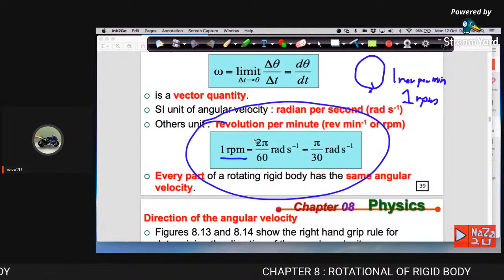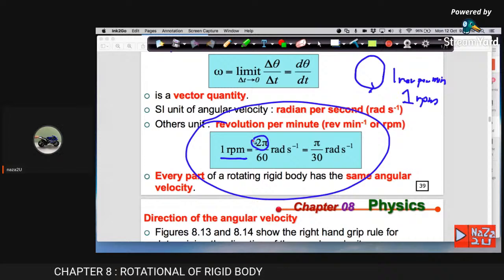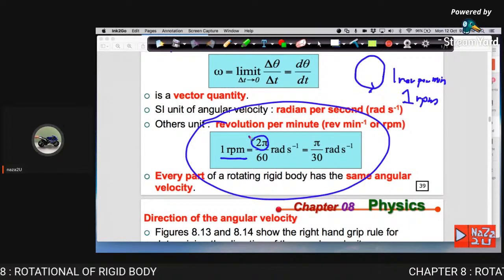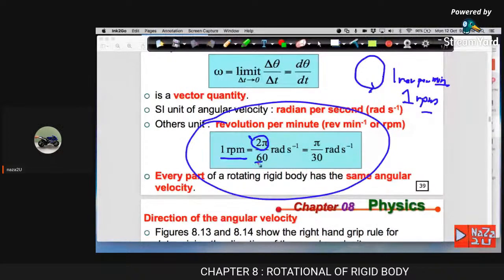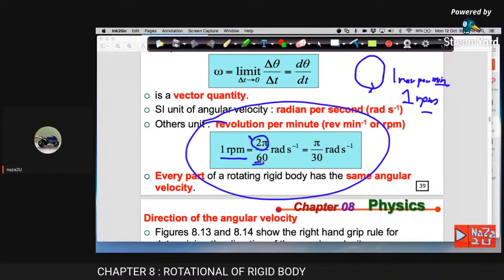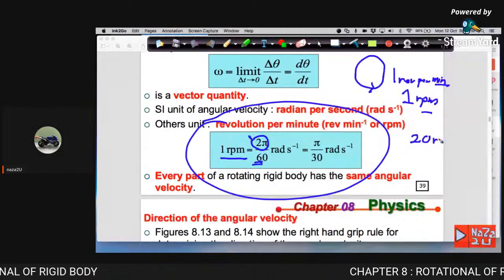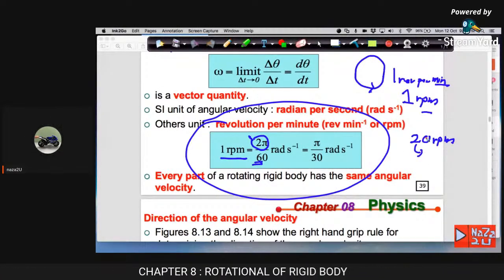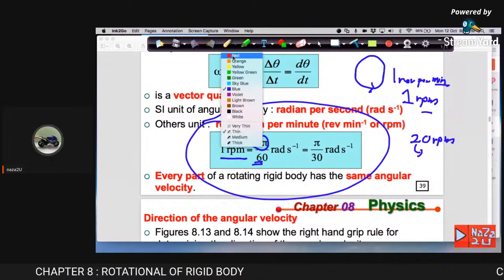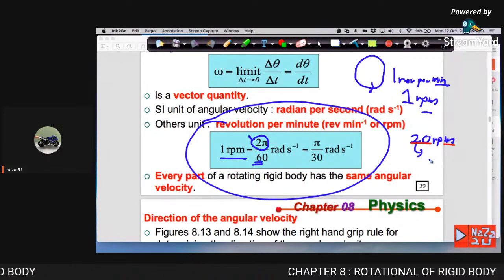So kalau dia membuat satu putaran, dia membuat berapa angle? 2 pi ataupun 360. Tapi sini kita pakai 2 pi. 1 revolution per minute. 1 minute kita ada 60 second. Jadi kalau dia bagi 20 RPM, apa maksud dia? 20 putaran, 20 revolution dalam masa 1 minit.